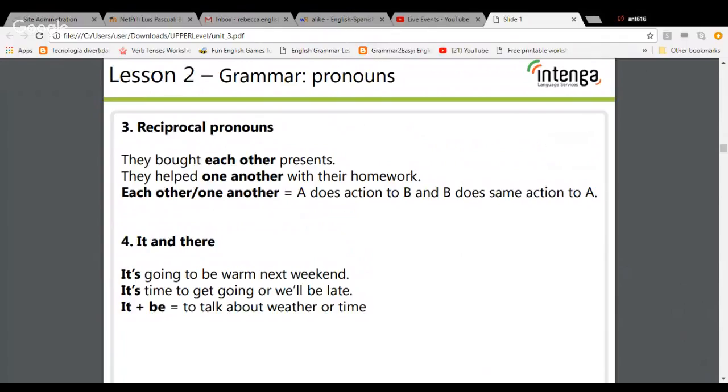So first, they helped each other with their homework. Same meaning or different meaning? They helped each other with their homework. Exactly. Maybe, for example, when people want to learn a language, they use a tandem. And so what they're doing is they're reciprocating to each other. They're helping each other learn one language.